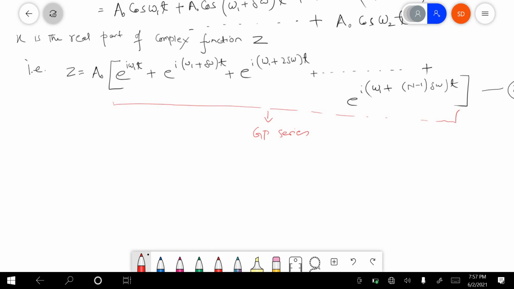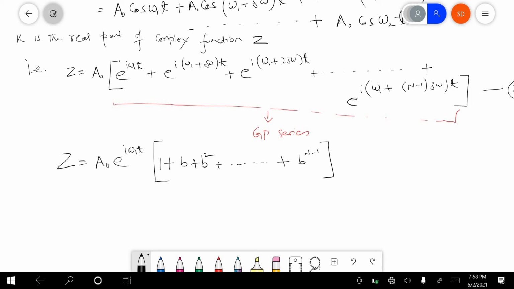So z can be written like this: if we take e to the power i omega 1 t as common, then we can write 1 plus b plus b square plus like this, plus b to the power n minus 1.